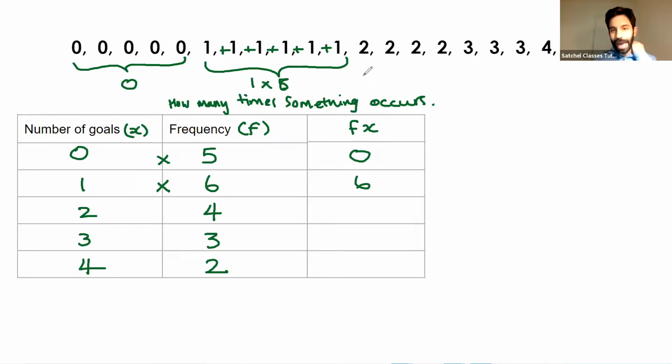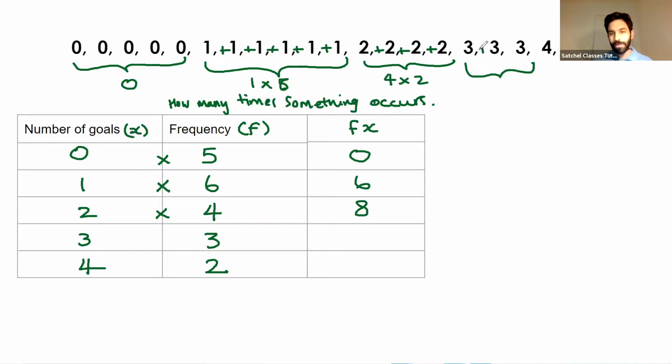And then likewise here, how many times did they score 2 goals? Well, we could either do 2 plus 2 plus 2 plus 2, which will give us a total of 8, or we could say we have 4 lots of 2s. So we could do 4 times 2, which is a total of 8 goals. How many times did they score 3 goals?